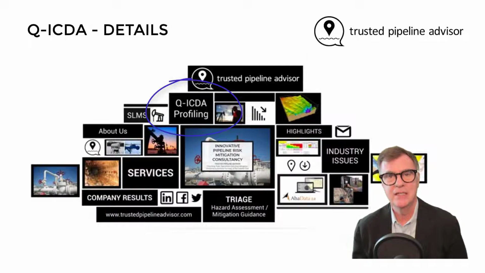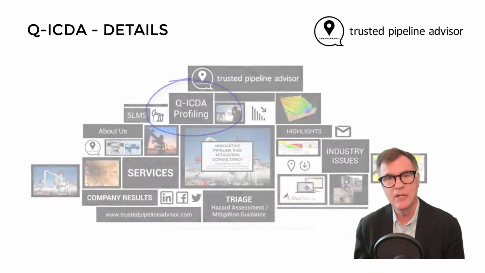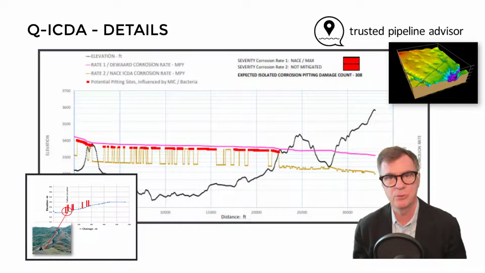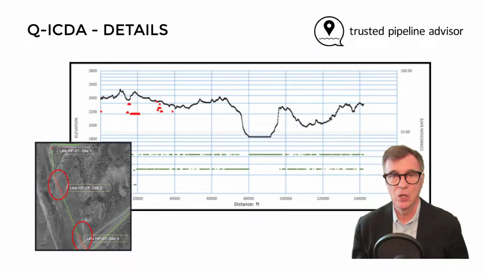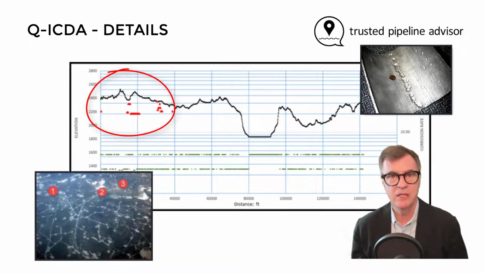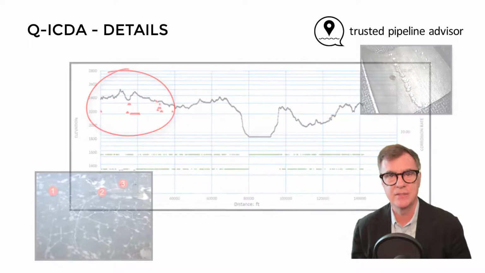In this presentation, we review the details of our industry-leading quantitative internal corrosion direct assessment, Q-ICDA, technology and associated engineering assessment projects. The motivation for the Q-ICDA development, beginning in 1994, was to create a state-of-the-art internal corrosion threat assessment method to improve the chances that low probability, unanticipated catastrophic events will be more easily identified than otherwise are being missed by existing industry standards.